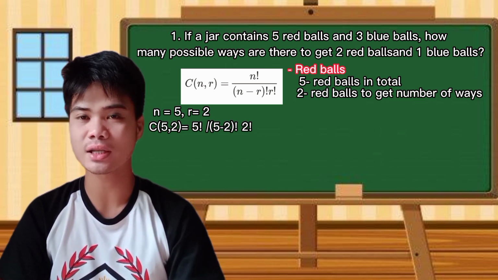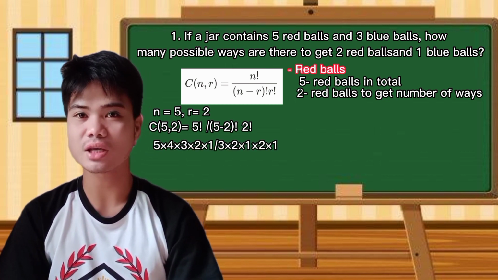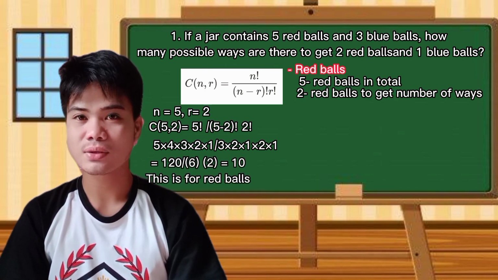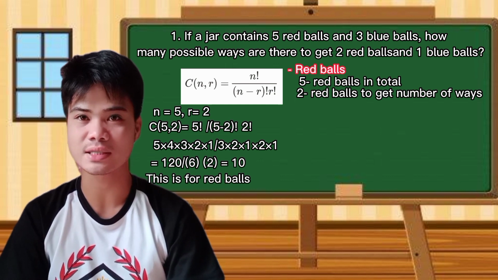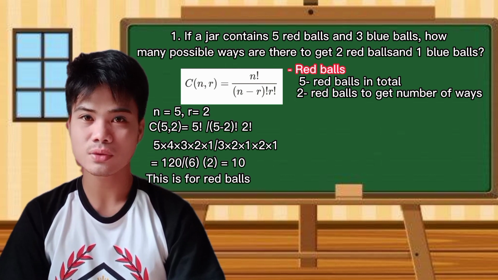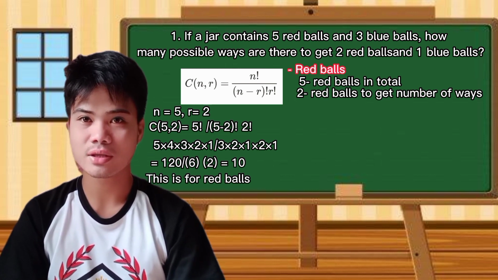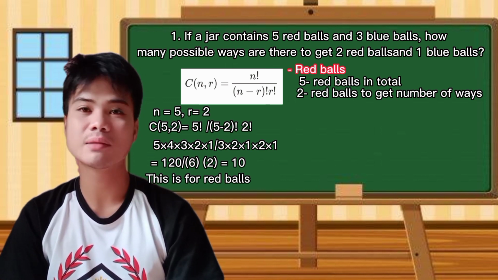So 5 factorial is 5 times 4 times 3 times 2 times 1, which is 120, divided by 3 times 2 times 1, which is 6, and 2 times 1 is 2. So you simplify, and the result is 10. So this is for red balls.